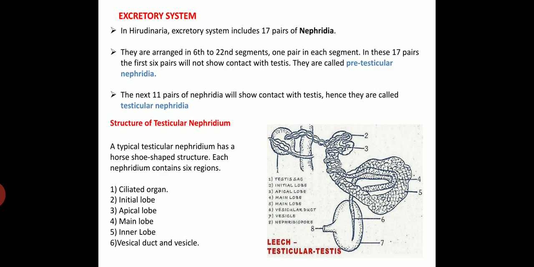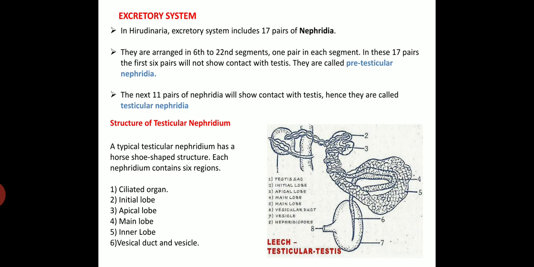The structure of testicular nephridia. Here is the picture of testicular nephridia, where the 11 pairs of nephridia show contact with the testis sac. It is a horseshoe shaped structure and each nephridium consists of 6 regions. In the diagram you can see the first marking indicates the testis sac.